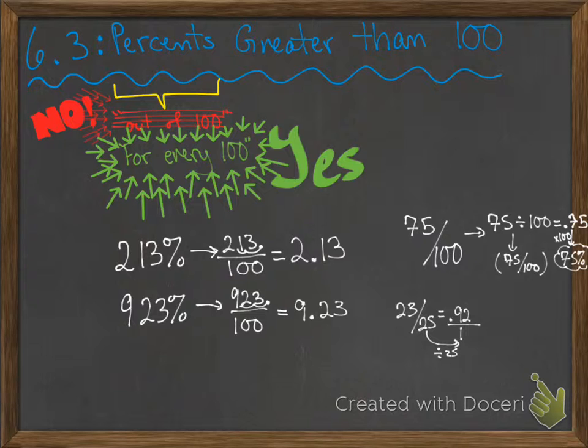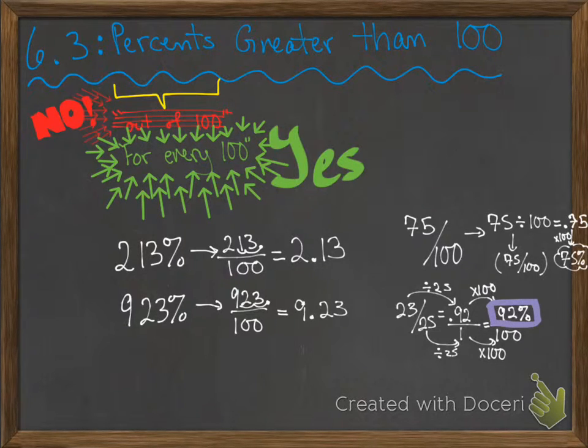So if you do it to your denominator, you do it to your numerator. 23 divided by 25, that's what you typed into your calculator, is 0.92. So you got 0.92 out of 1, but percent means for every 100. So I'm trying to get that denominator to be 100, and multiply by 100, because 1 times 100 is 100, and 0.92 times 100 is 92, so you actually had a 92%. That was what you scored on your assessment, okay?